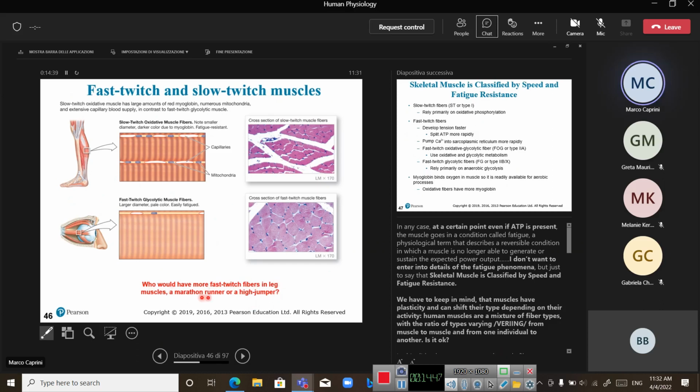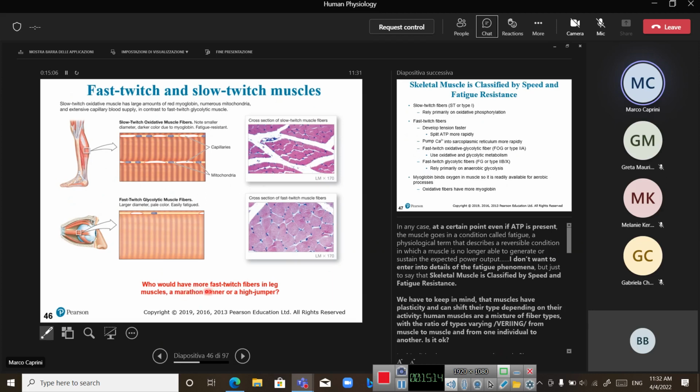Obviously, these two types of athletes have different types of muscles. In this case, you have to produce a very high amount of exercise, but longer in time.